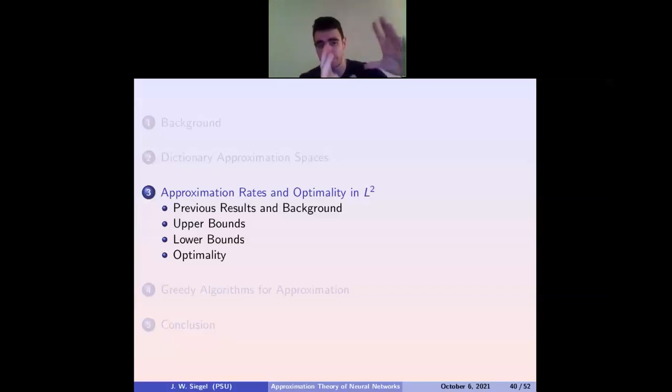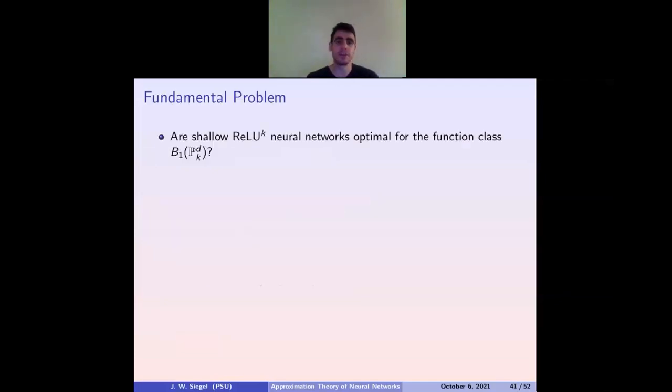We've got a particular class of functions, and we've worked out what the approximation rates for shallow networks on that class are. So the question is, can we show that ReLU^k networks are optimal for this class? We've already determined how good shallow networks are on this class. Can we show that they're better than any other method, or optimal?